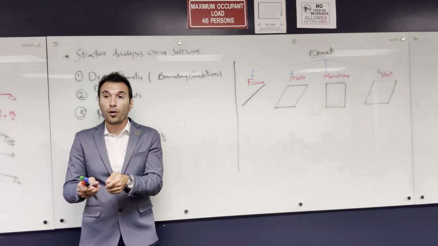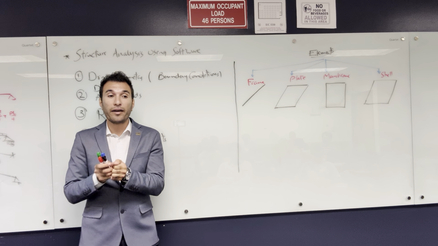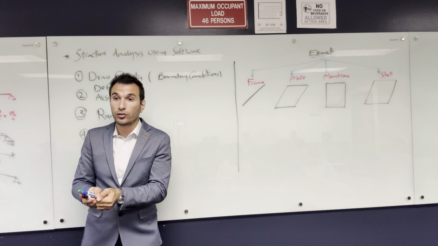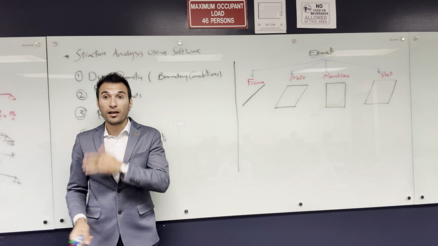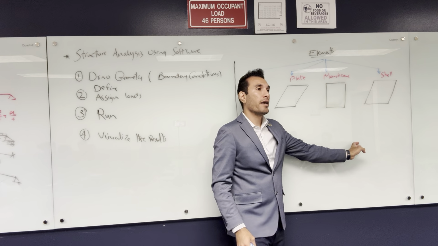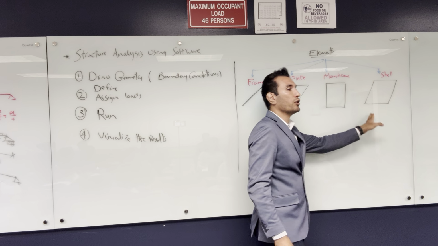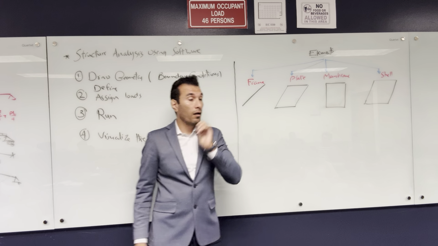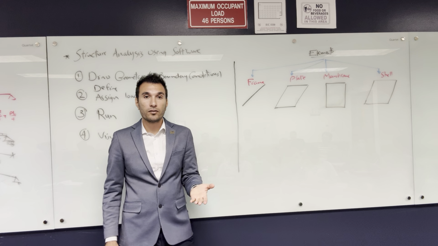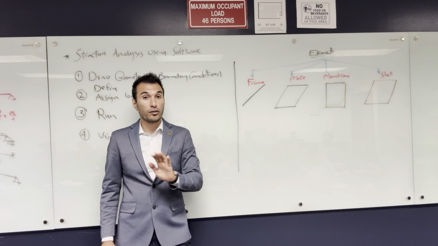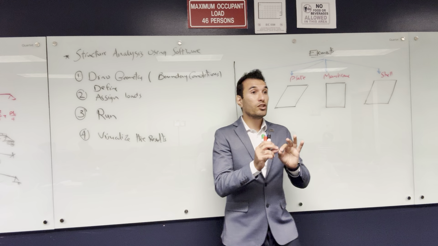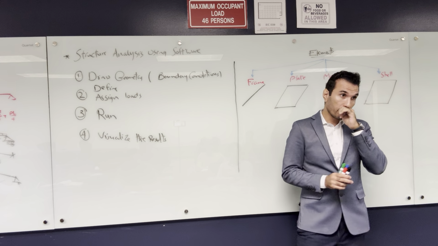If you want to be a pro in what you are doing, you have to know everything about the elements that you are drawing. And I believe in interviews at big companies, they ask about these things, like, hey, I have a shear wall. Do you think I use a membrane or a plate or a shell element to model them in software analysis like SAP 2000? So you have to understand what each one of these is doing.